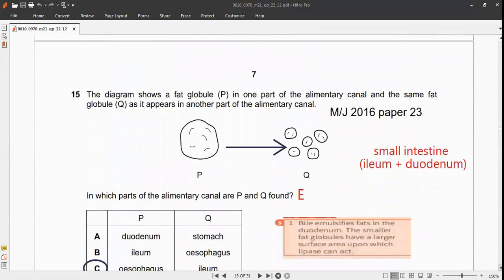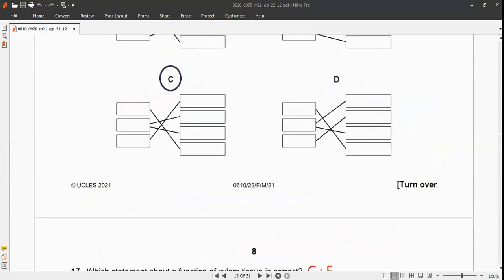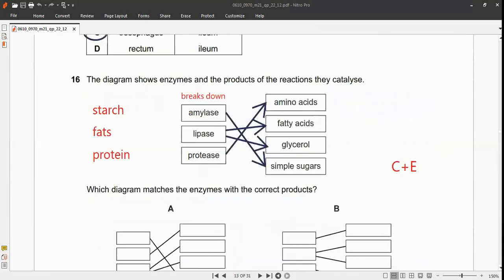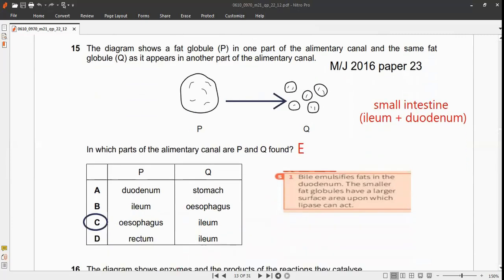The diagram shows a fat globule B in one part of the alimentary canal and the same fat globule Q as it appears in another part of the alimentary canal. What happens here? Bile emulsifies fats in the duodenum.